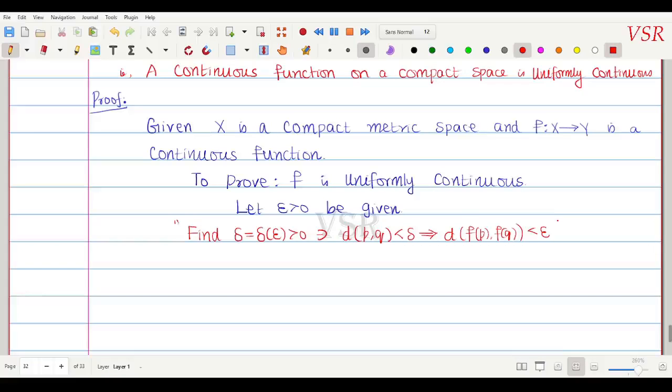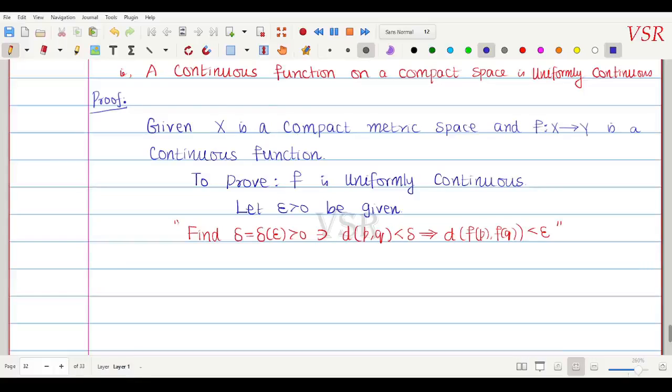So this is the delta we need to find. Note that this delta completely depends upon your epsilon. It must be independent of your p comma q. Okay, how do we start? The only clues given are that f is continuous and X is compact. These two points are the only clues in my hand.